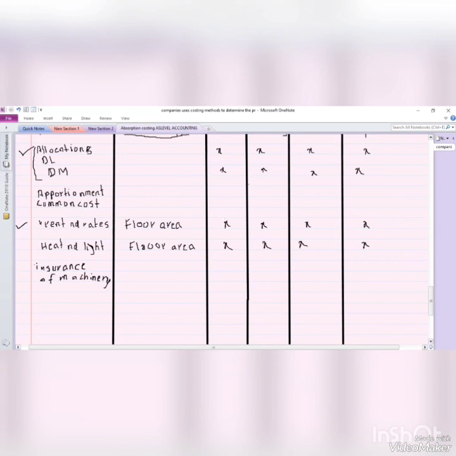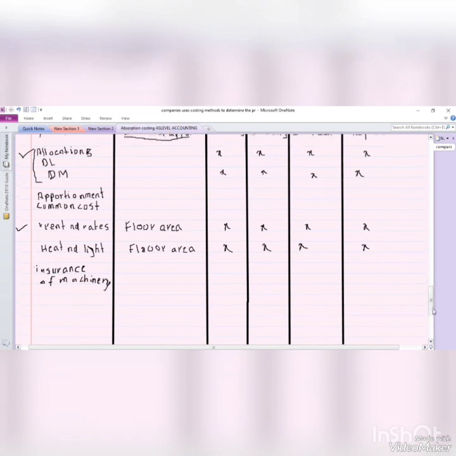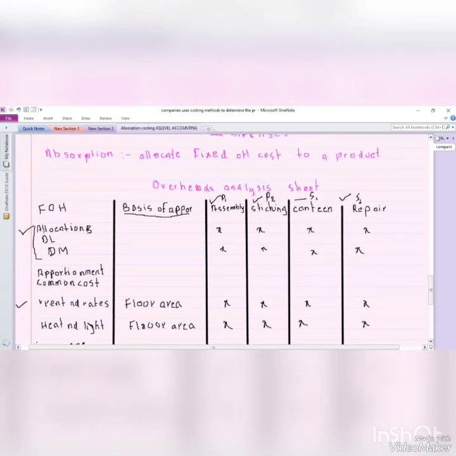It doesn't mean that only the two production departments in our format use the machinery. Canteen may also be using different machines, and of course the repair and maintenance department also has some machines.